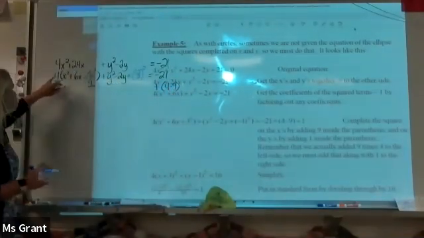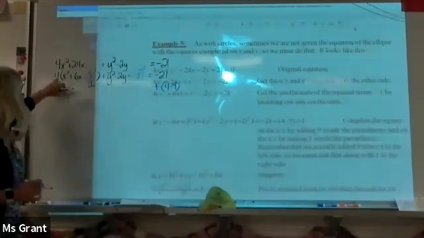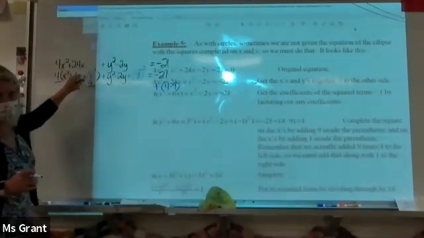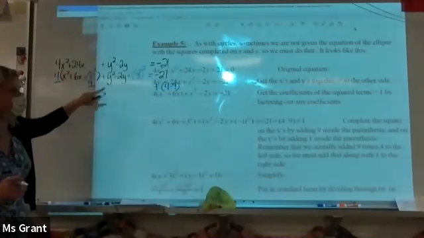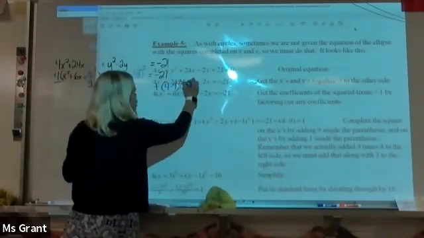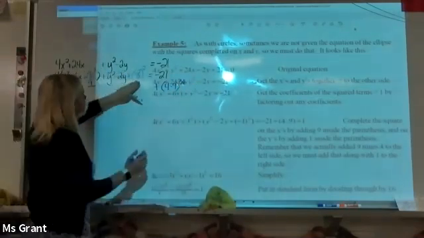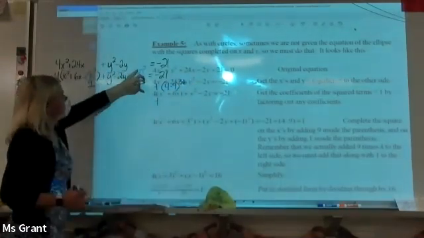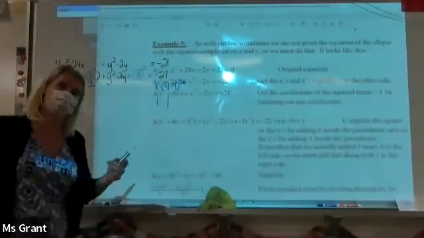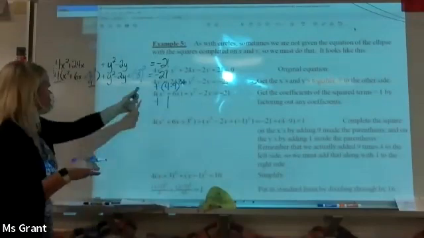And the reason that the 4 is added with the 9 is because I factored out a 4, and if I were to distribute it and multiply it back in, I would get 36. And so that's what I should be adding to both sides. I'm also needing to add this -1 squared, which is -1 times -1, which is 1, to both sides.